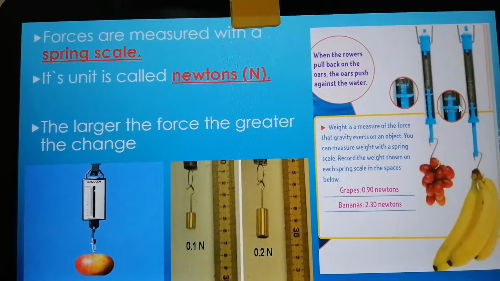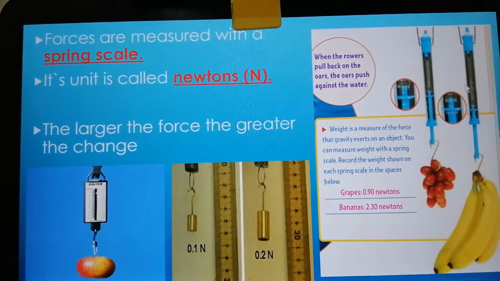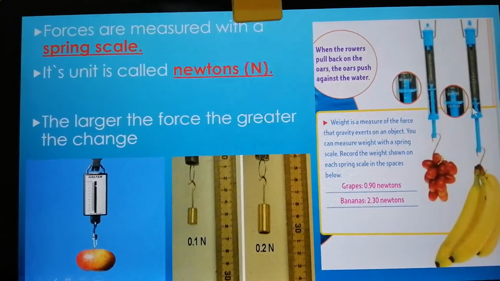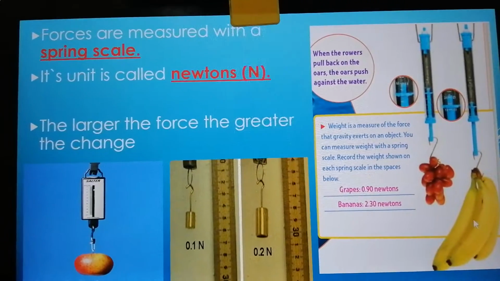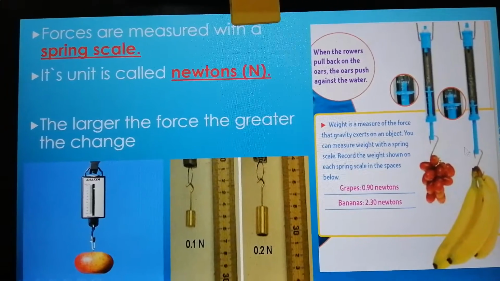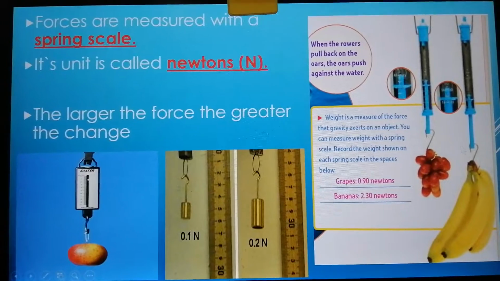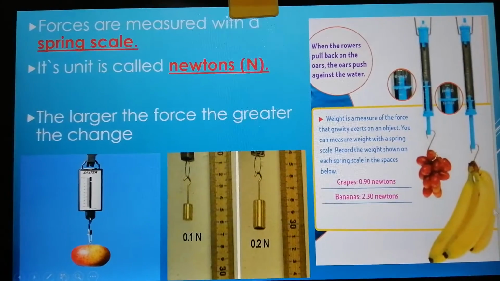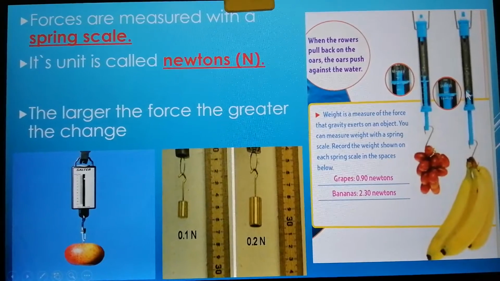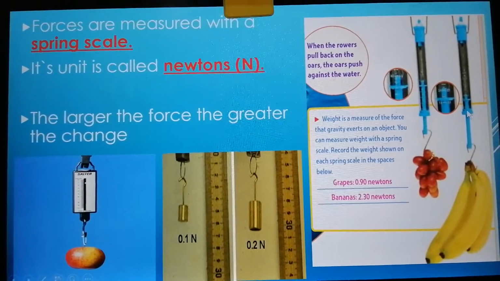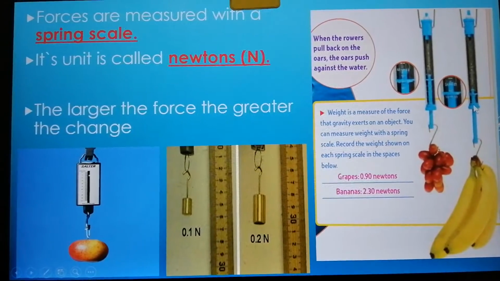Which has more change? Pull the scale down more. The bananas. So the greater the force, the greater the change. When the bananas are heavier, they will pull the scale more down or make greater change.